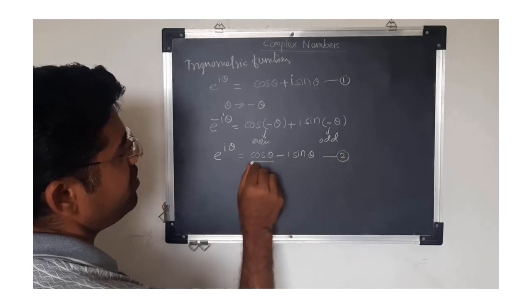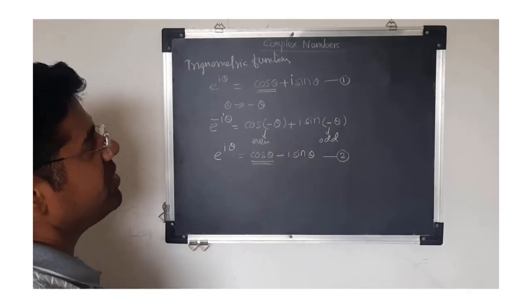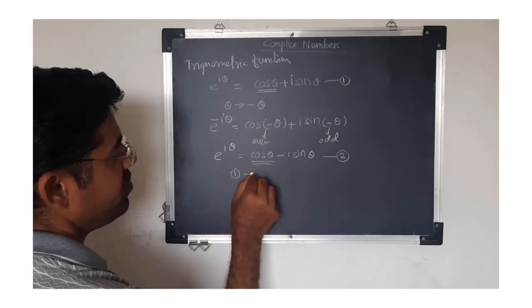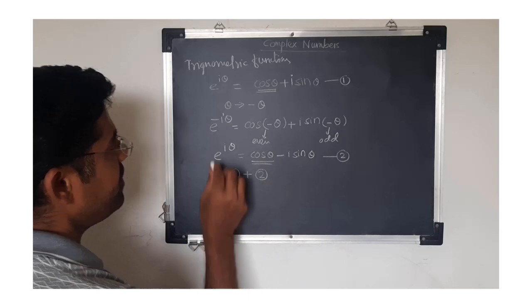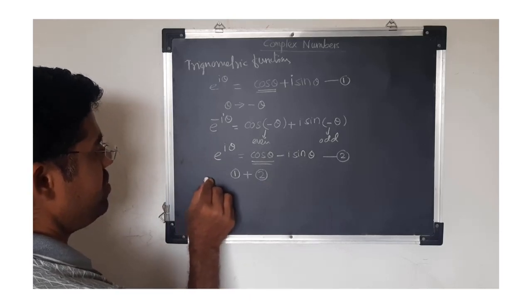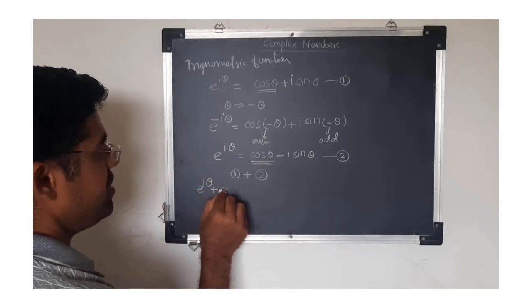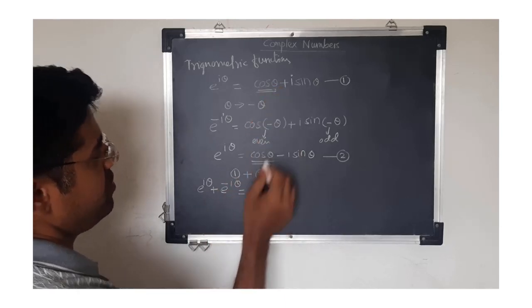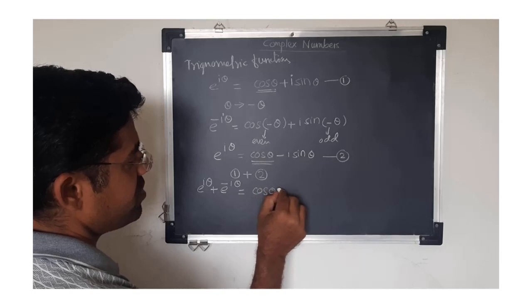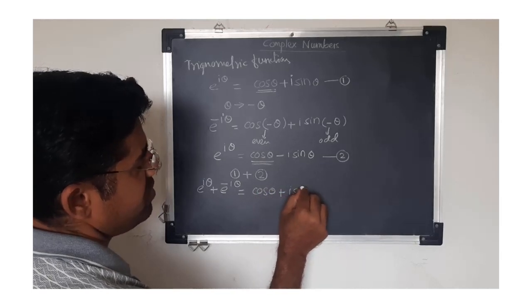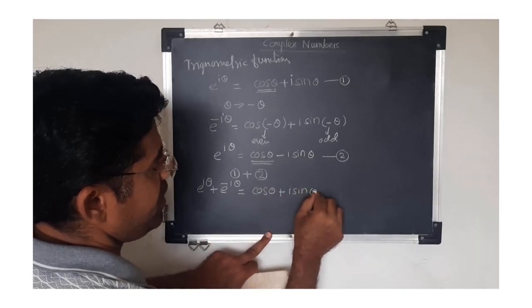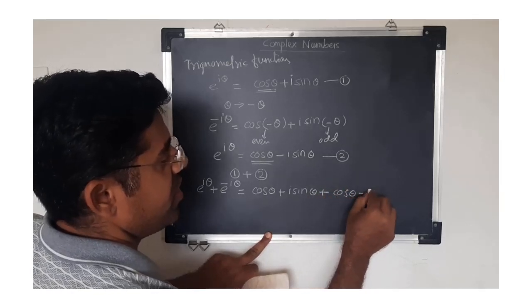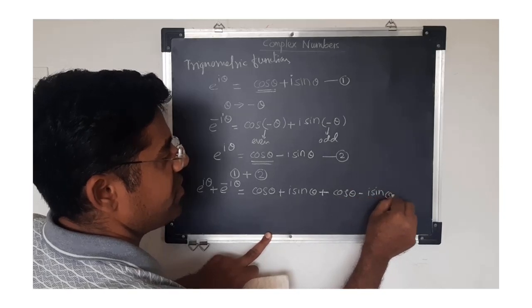Now I want to find out the cos theta term. So I will add equation 1 plus equation 2. What you will get? e raised to i theta plus e raised to minus i theta is equal to cos theta plus i times sin theta plus cos theta minus i times sin theta.